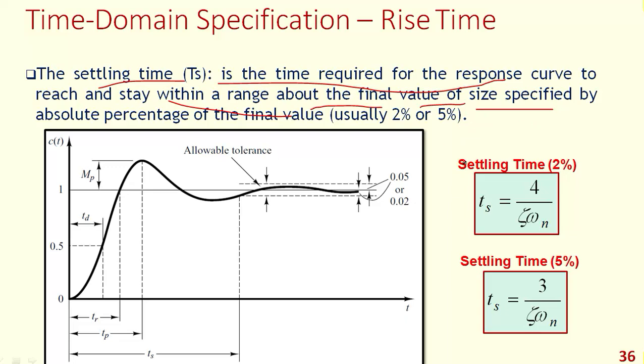That is the allowable tolerance while the response curve settles down, with small variation over time. So 0.02 or 2 to 5%. This is the nature of the step response curve for the settling time. Settling time is given by Ts is equal to 4 divided by zeta omega n. If it is for 5% tolerance, Ts is equal to 3 divided by zeta into omega n.